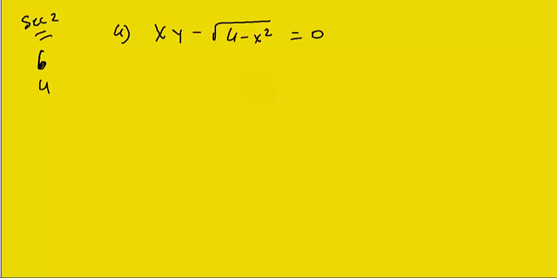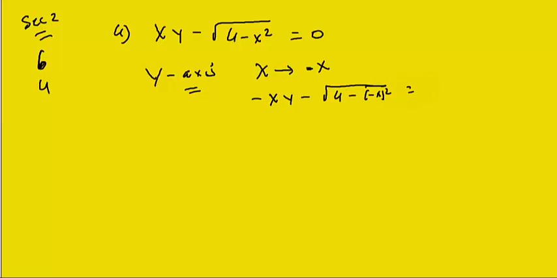When you check for the symmetry, let's start with the y-axis. Y-axis means you turn all the x's into negative x's. If you do that, and it turns out to be the same, it's symmetrical to the y-axis. So you're going to get negative x times y minus square root of 4 minus negative x squared is equal to 0.